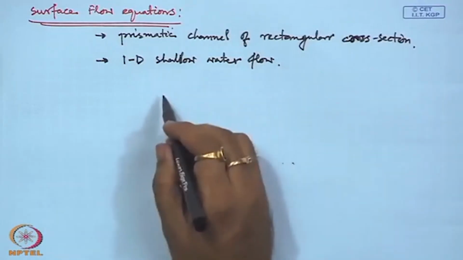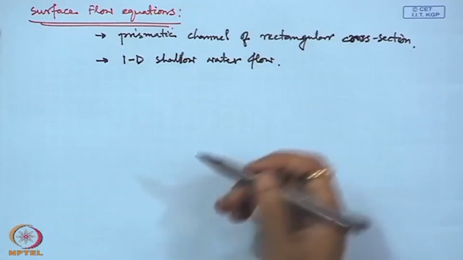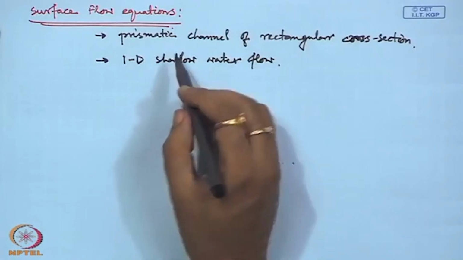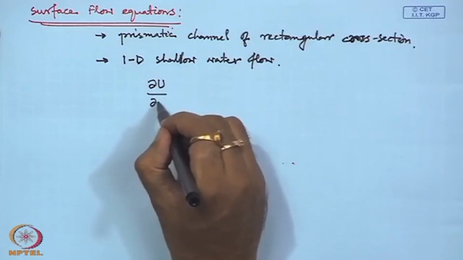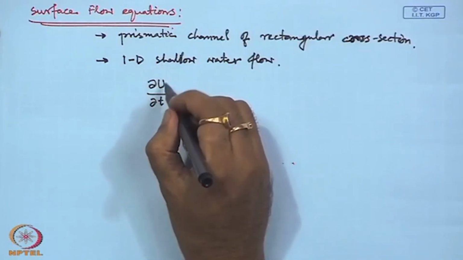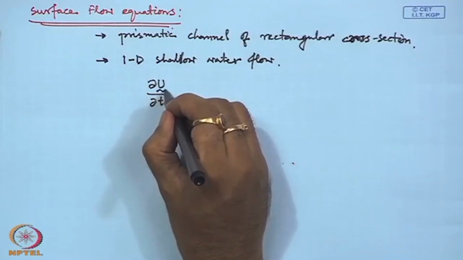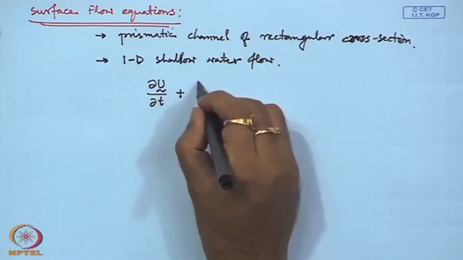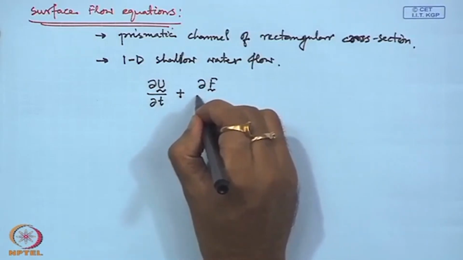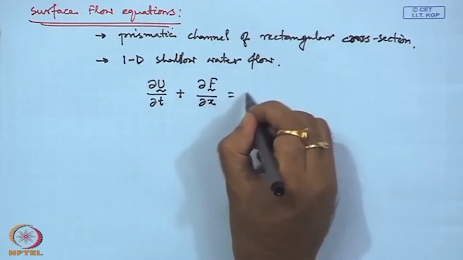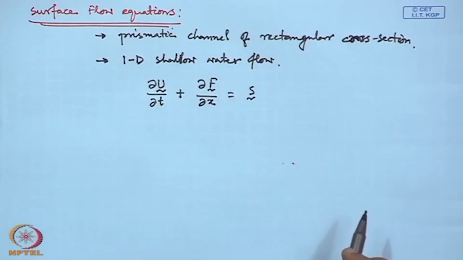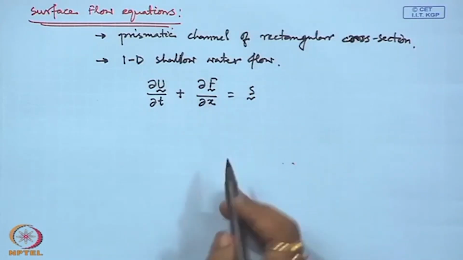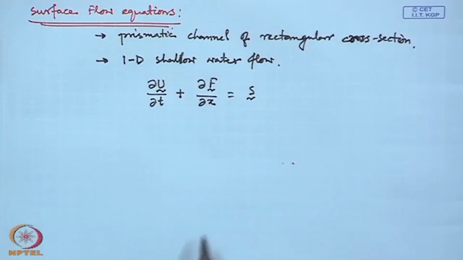So, in this case we can write our governing equation for surface water flow as del U by del t plus del F by del x equals S, where U is a vector, F is a vector and S is another vector, or we can say that these are column matrices.